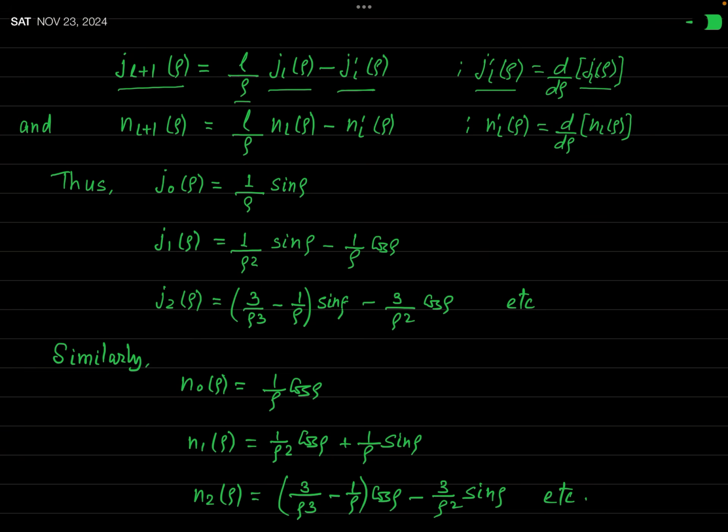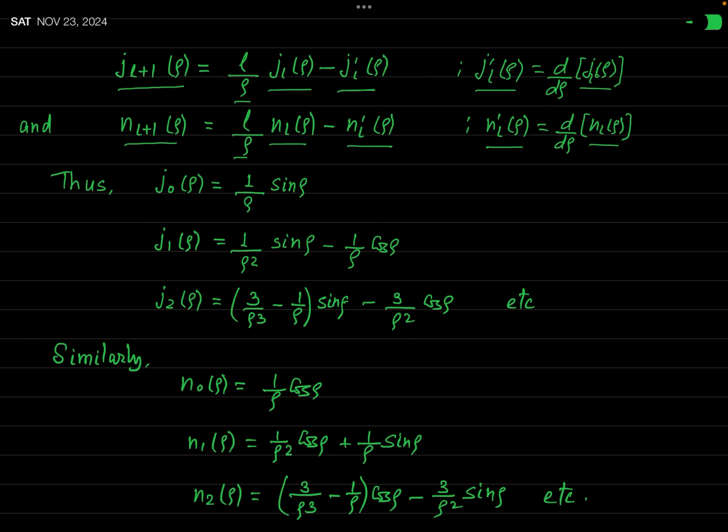And similarly, n_{l+1} of rho is equal to l over rho times n_l of rho minus n dashed l of rho, where n dashed l of rho means d by d rho of n_l of rho.